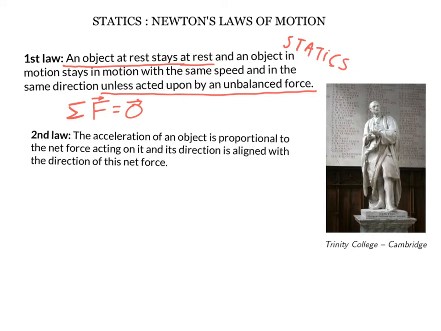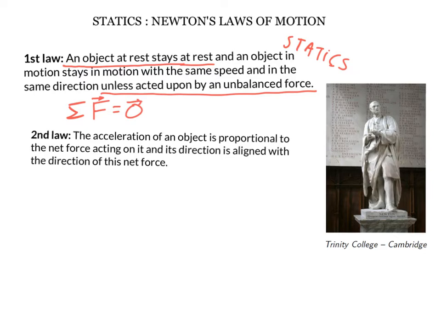The acceleration of an object is proportional to the net force acting on it, and its direction is aligned with the direction of this net force. So, what do we read here?